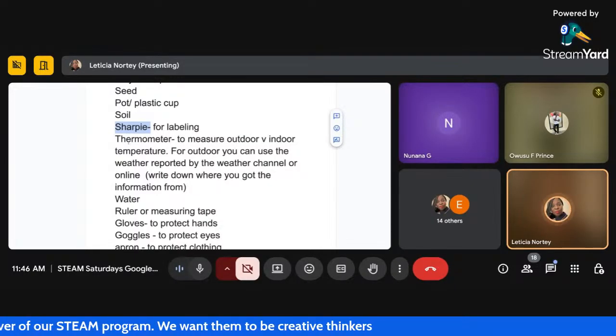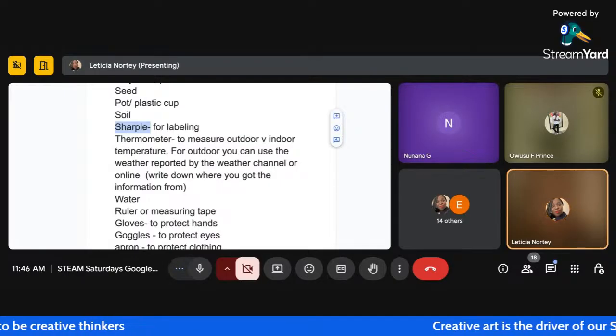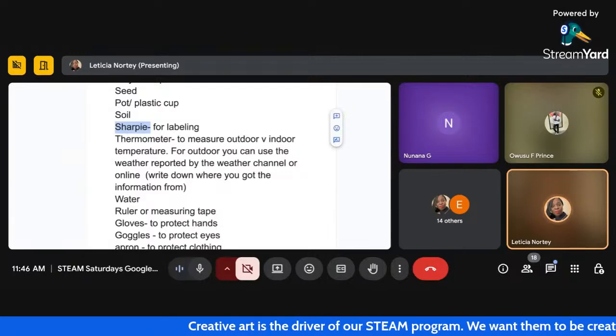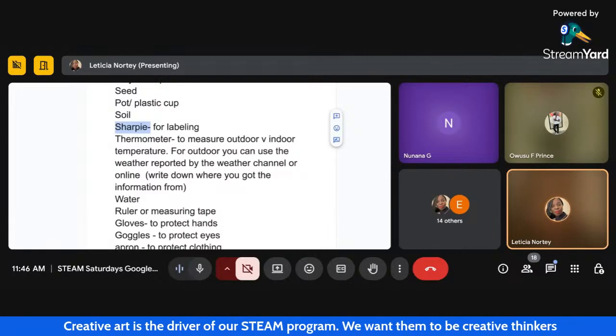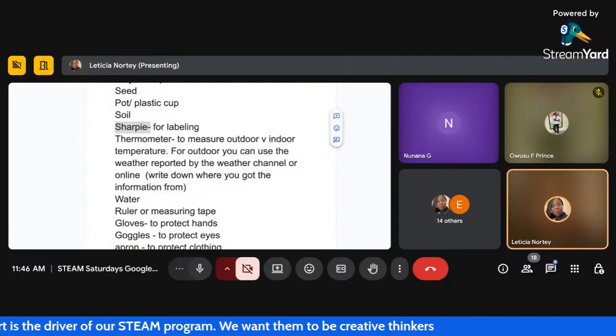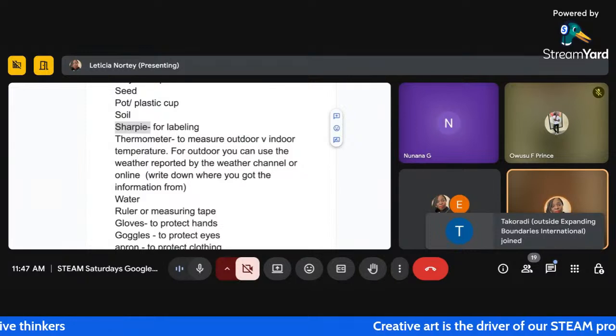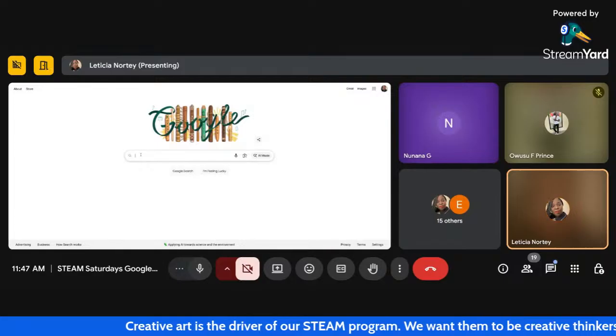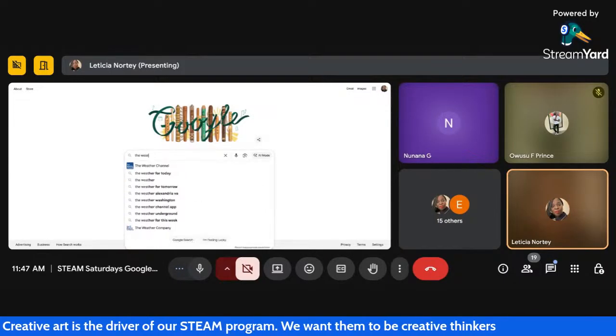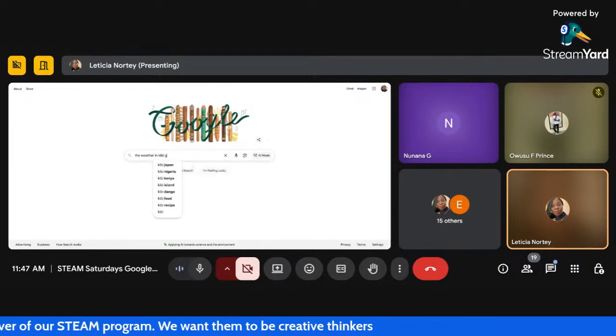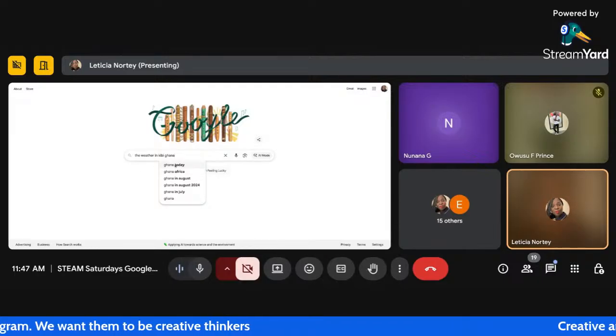And then the thermometer. So she said you can just look for weather. So even over here, let me share my screen. You can go to Google or Yahoo or whatever, and then you would just ask for, let's say, the weather in Kibi, Ghana today, right?